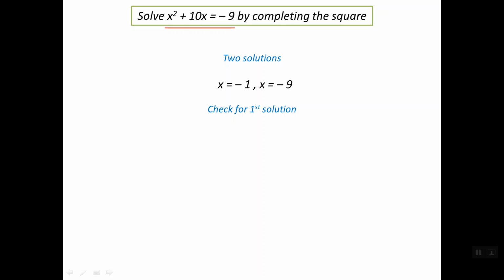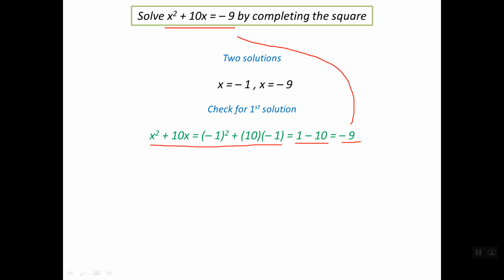Checking the first solution means that if we substitute minus 1 for x on the left side, the result should be the same as the right side, which is minus 9. So let's compute x squared plus 10x for x equal to minus 1. Minus 1 squared is 1. 10 multiplied by minus 1 is minus 10. So it's minus 9, the same as the right side of the original equation. So we conclude that it is correct.